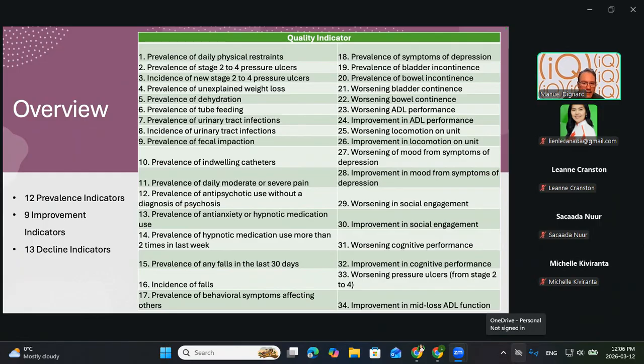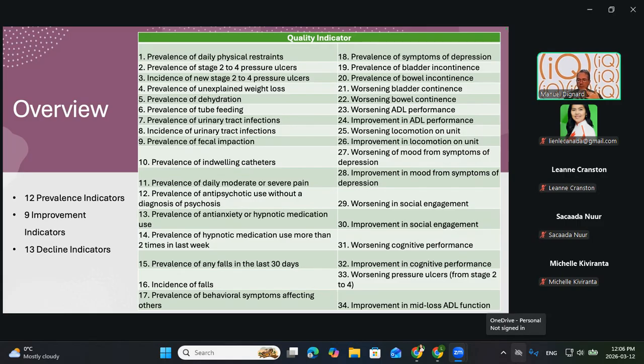So if we take just a quick step back here, I know we reviewed a lot of stuff in a very short amount of time, but we didn't want to make this a 4-day course, right? So this morning we looked at 34 quality indicators, and those are used in the interRAI LTCF system. They're grouped into three types. We have the 12 prevalence indicators that tell us how widespread certain conditions or care practices are.